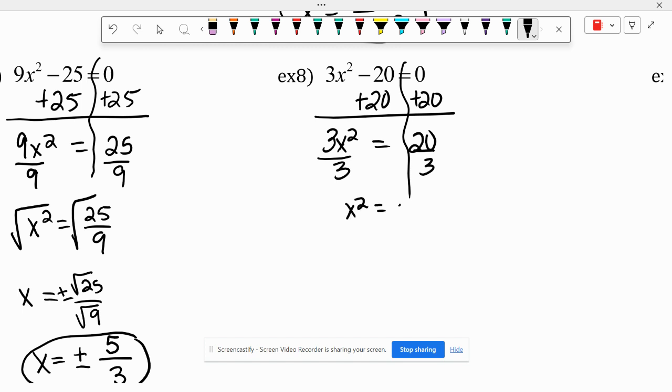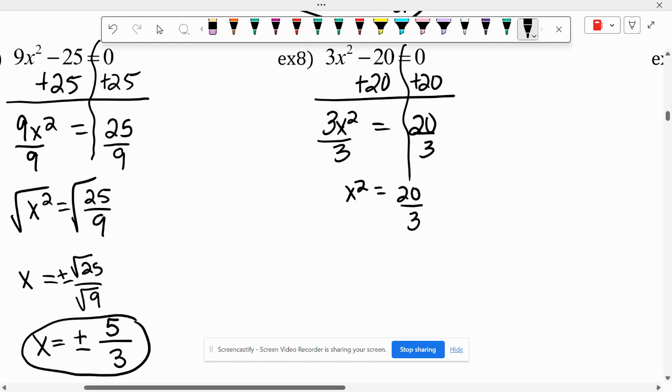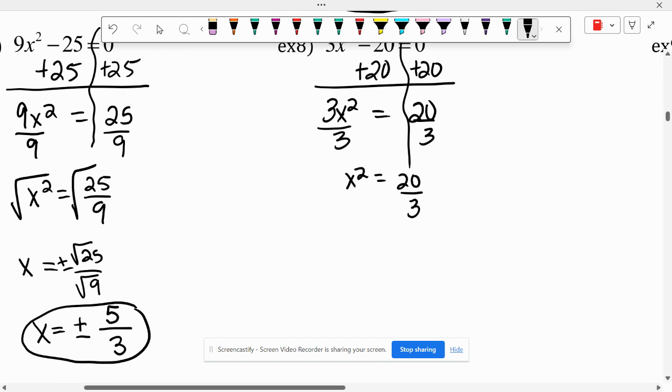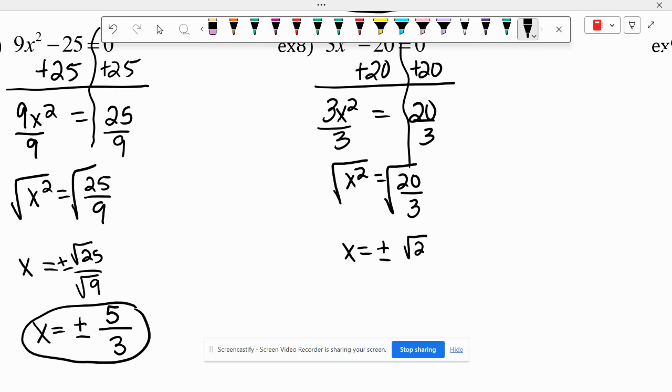X squared equals 20 over 3. 8 and r, what am I going to do next? Yeah, take the square root of both sides. So x equals plus or minus the square root of 20 over the square root of 3.